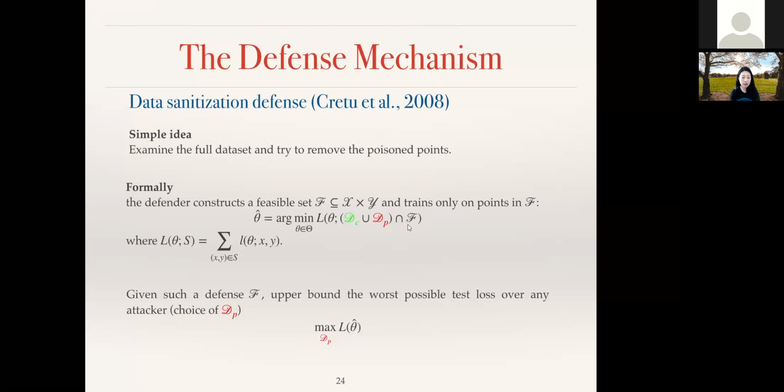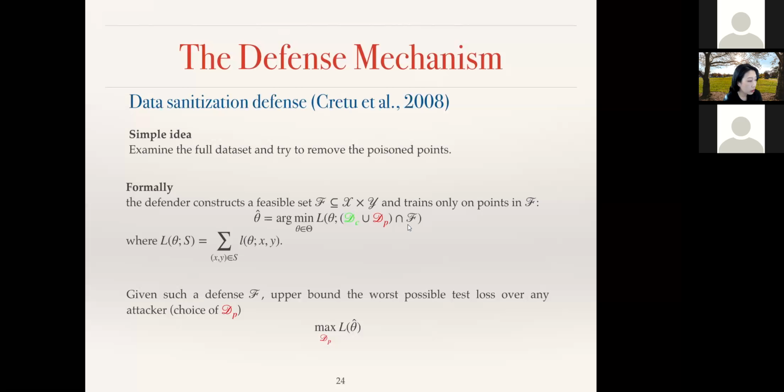Any other questions? I have a question. When we are upper bounding the worst possible test loss, for calculating the loss, I'll be looking at data points in my defense set F, right?